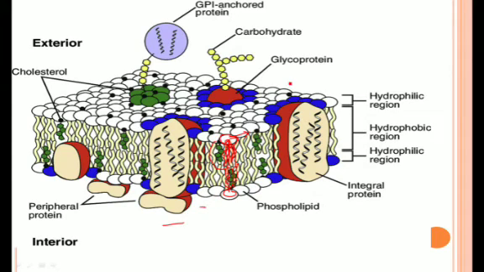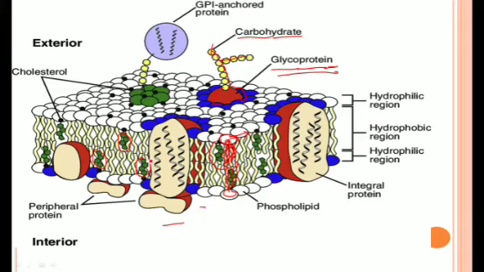If we move towards this glycoprotein, this is the glycoprotein present on the upper side, and this is the carbohydrate chain. After that, this is the cholesterol, small patches present inside the phospholipids.